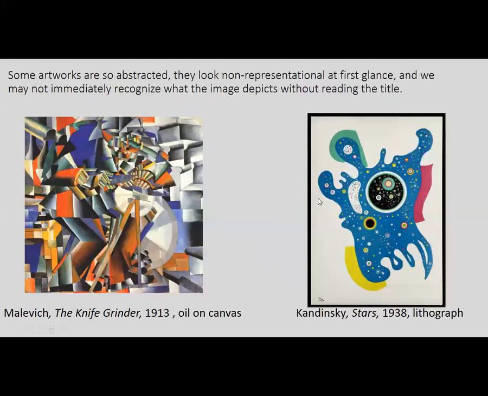And then if we look on the far right, there's a lithograph by Kandinsky, who's a contemporary of Malevich, and this is called Stars. If you look in there, and think about it a whole lot, maybe you could see the universe and planets and stuff.